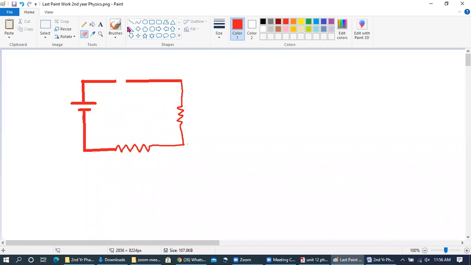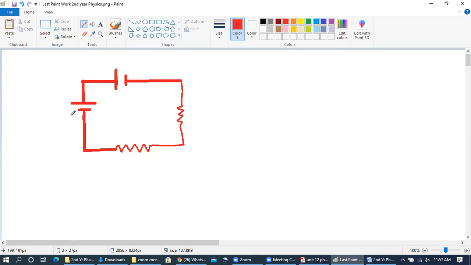Let's consider that two batteries are attached here. From here, you can easily understand that in a battery symbol, one side is smaller and the other is longer.